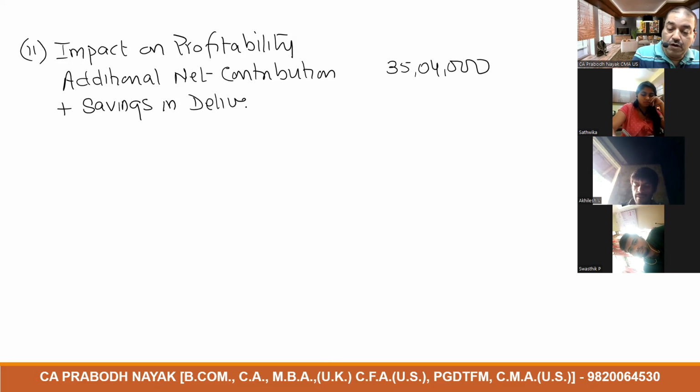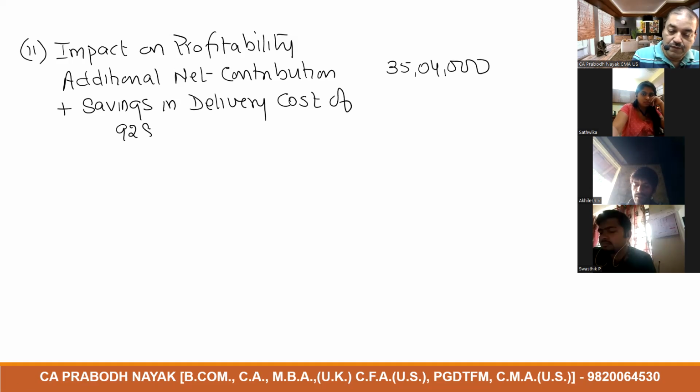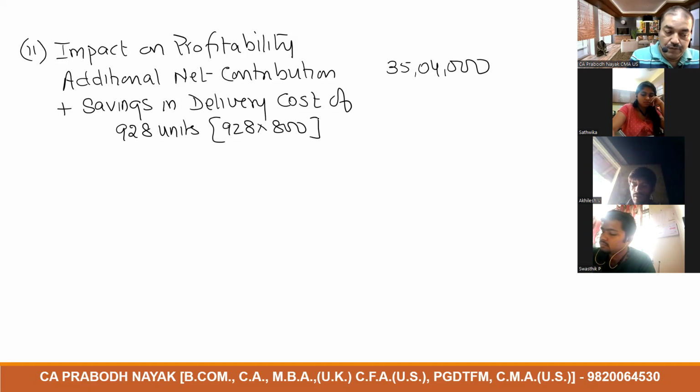Not this one, this one we have already considered in the 35 lakh 4,000. Savings in delivery cost of the initial 928 units: 928 into 800, 7,42,400.